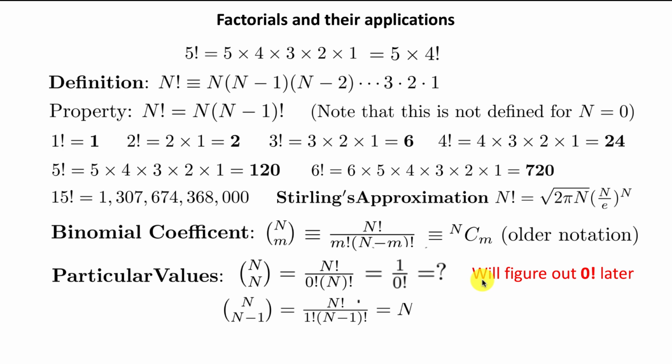But there's no problem if here instead of n we have n minus 1. Well, that's just n factorial over 1 factorial into n minus 1 factorial, and that's simply equal to n. Similarly, n minus 2 is half n into n minus 1. In this way, we can figure out the numerical values of all the binomial coefficients. It's just a matter of doing multiplications and divisions.